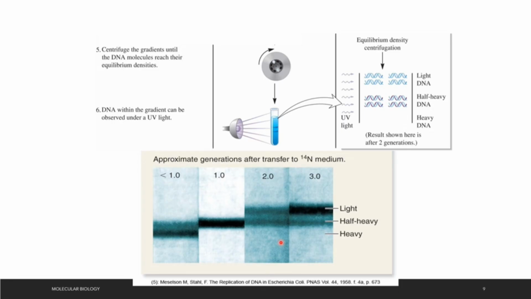And this population of half heavy DNA will remain throughout the entire experiment. So regardless of how many generations of bacteria you collect, you will always have a half heavy population, and that half heavy population will always remain of the same density, whereas you will have an increasing amount of lighter population, which corresponds to the newly synthesized strands.